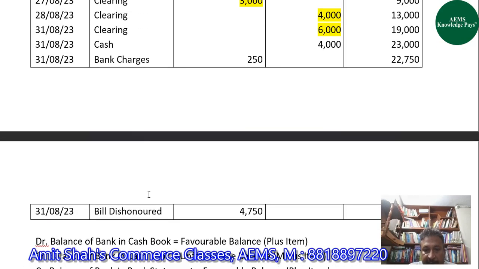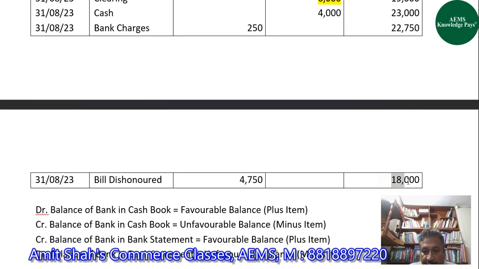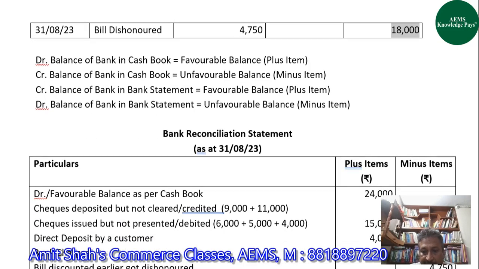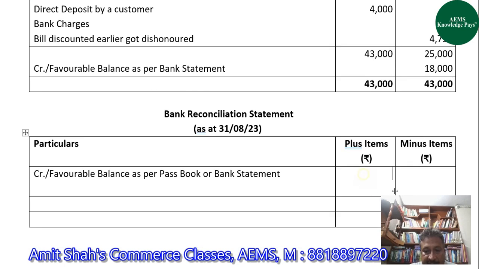Now the balance as per passbook or bank statement is rupees 18,000. It's a credit balance, a positive, favorable balance, and that is why we will write it in the plus column.